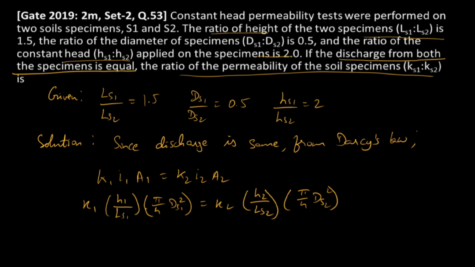So H1 and H2 are the heads of sample 1 and 2, and LS1 is the length of sample 1, and LS2 will be the length of sample 2.